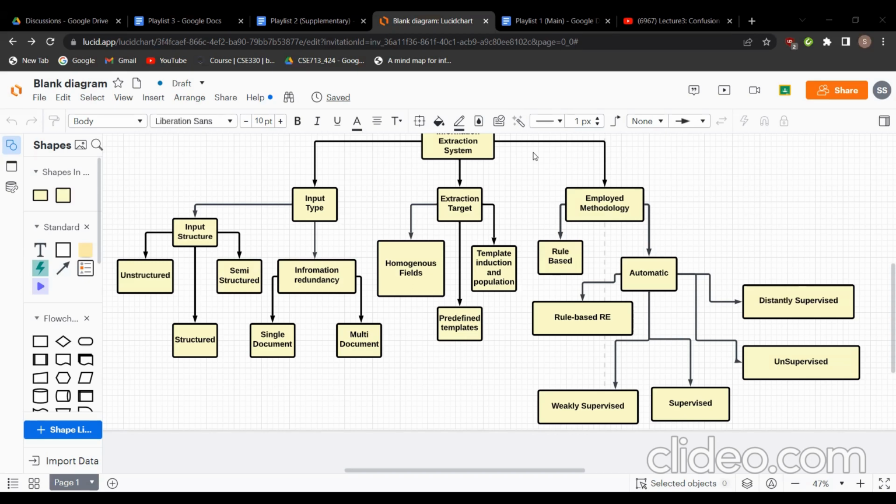Then comes distantly supervised relation extraction. We can combine the idea of using seed data as in weakly supervised relation extraction with training a classifier as in supervised relation extraction.